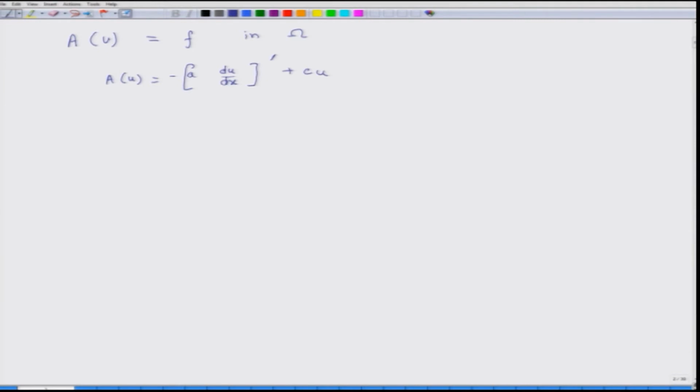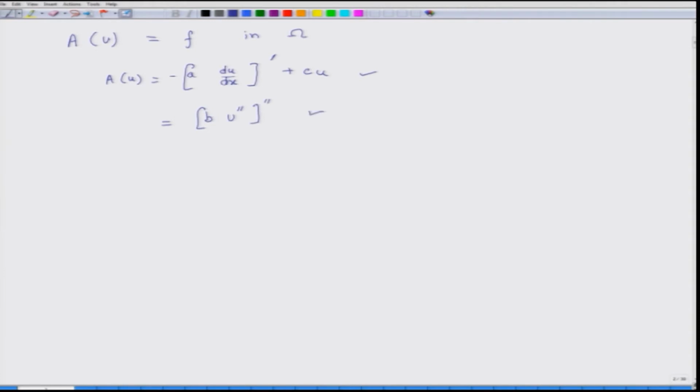This particular operator we have seen several times in our previous lectures. Another operator which we can represent using A of u could be some function b of x times the dependent variable's second differential, and this entire thing is being differentiated twice.